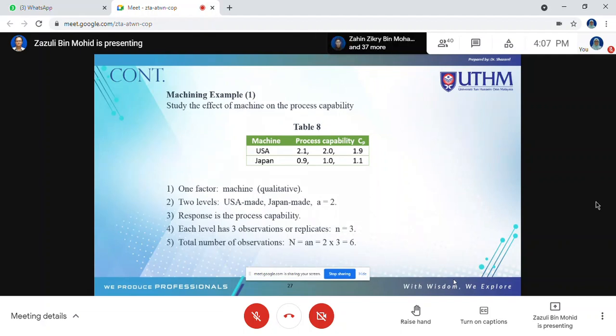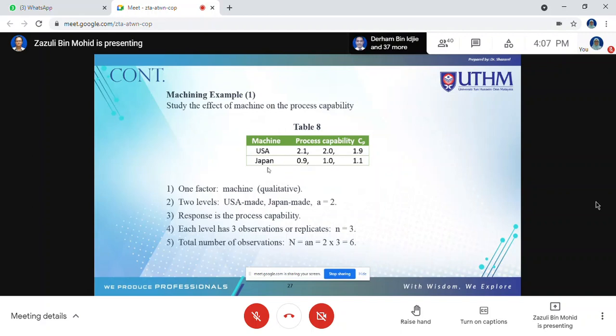So from this table, you can see that it has one factor, which is the machine, and we have two levels, which are USA and Japan. So this factor is from the category of non-numeric factor.